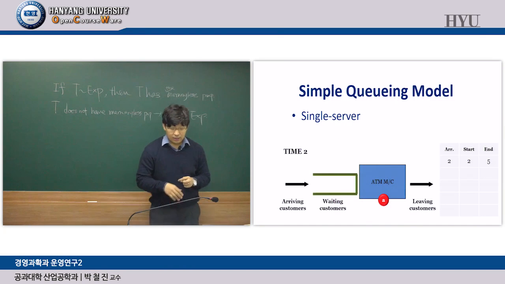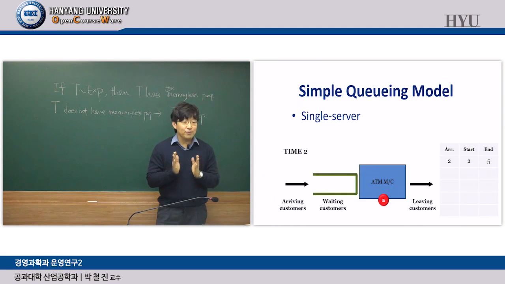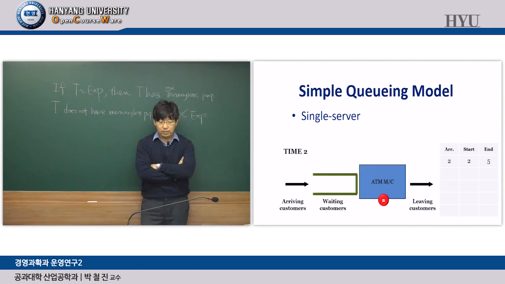Okay, here we can see what happened in the single server single queue, a simple queuing model. From now we are going to think about the simple queuing model, like single server single queue.